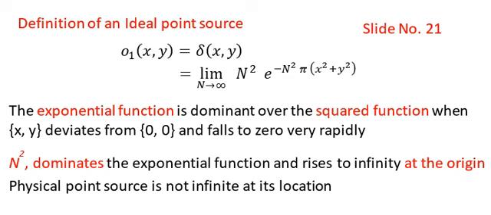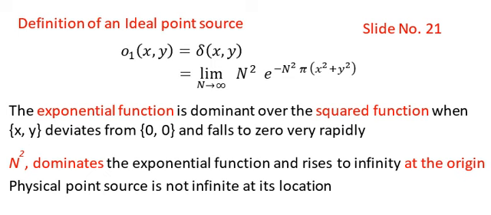So let's read the statements. The exponential function is dominant over the squared function when x and y deviate from 0. When x and y are both non-zero, or at least one of them is non-zero, the exponential function will dominate the n squared function, and so it immediately falls to 0. The second statement: the function n square dominates the exponential function and rises to infinity at the origin.